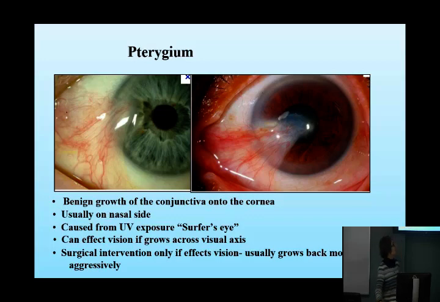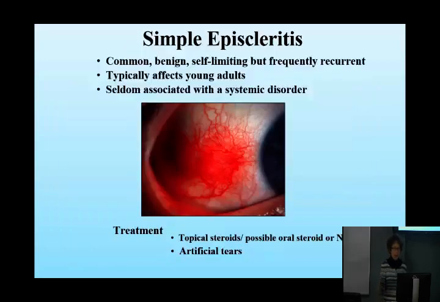This next slide is episcleritis. You may have a person who comes in and complains that they have this red spot on their eye. They might complain that their eye burns a little bit, but you'll see they have a very isolated, just real red area on top of the sclera.